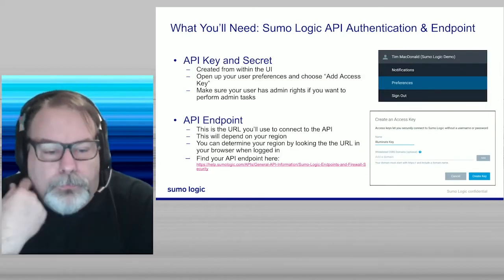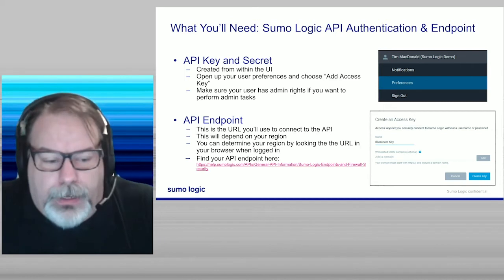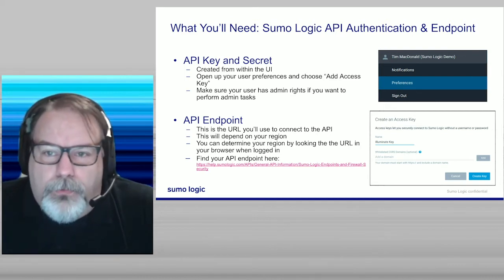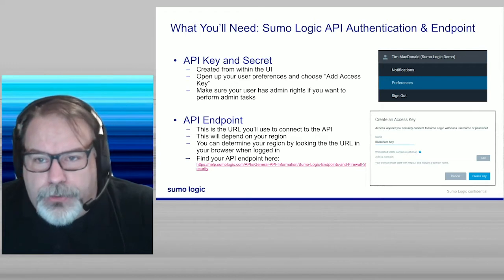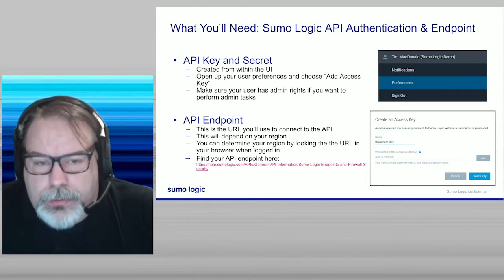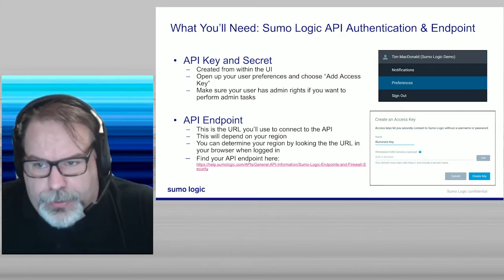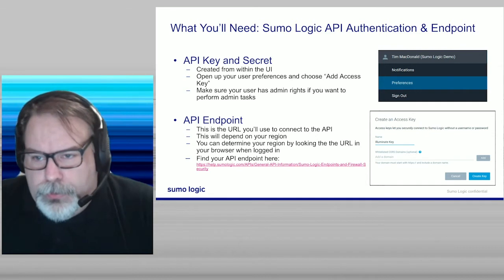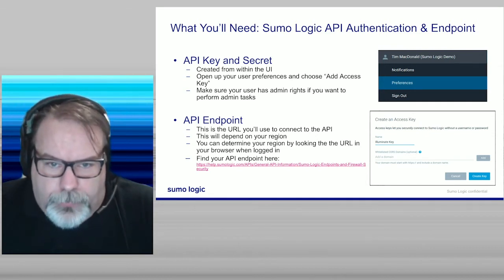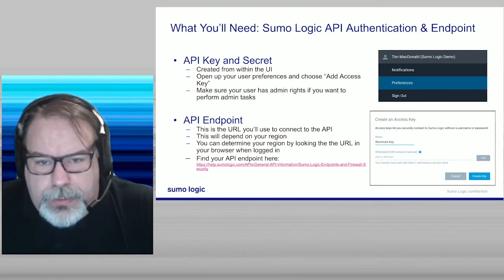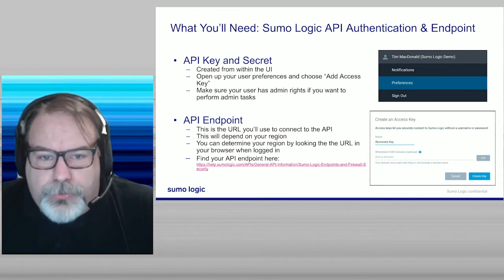So moving on to the actual API automation, what will you need to perform that automation? Well, there's a couple of things. You're going to need an API key and accompanying secret. This is very much like any other set of credentials that you might get from a cloud service. The API key and the secret are randomly generated for you.